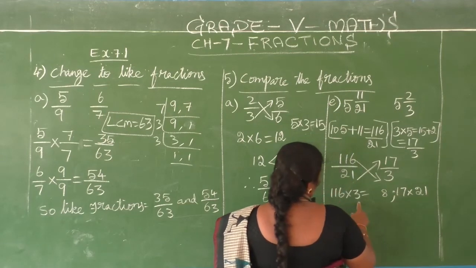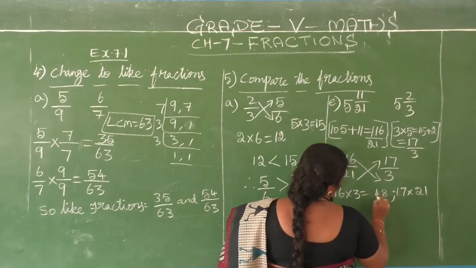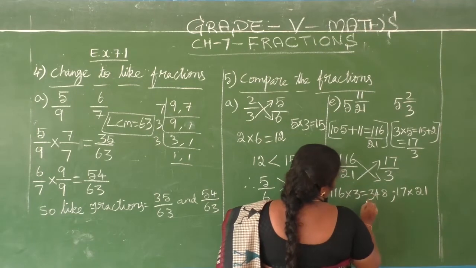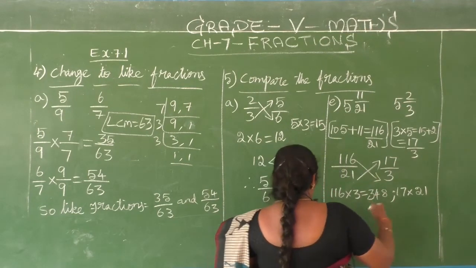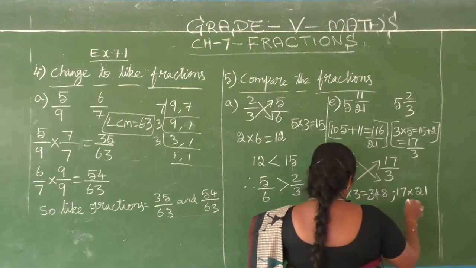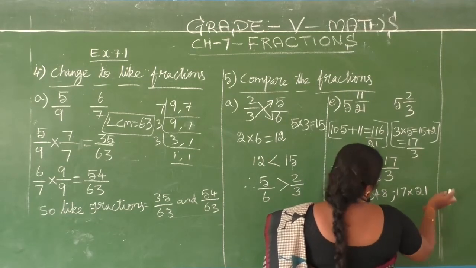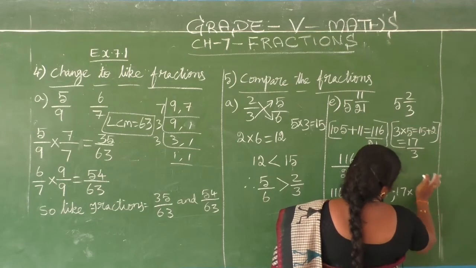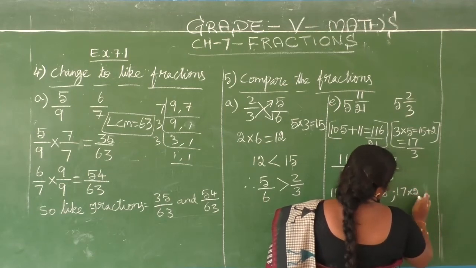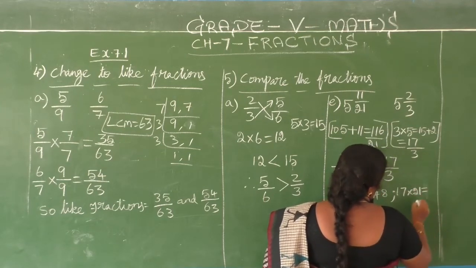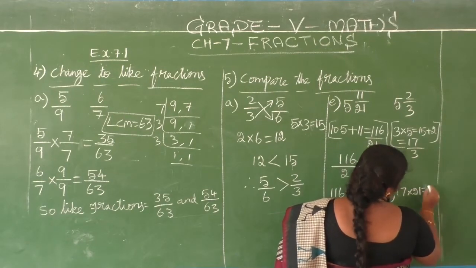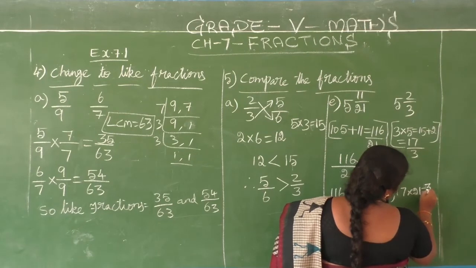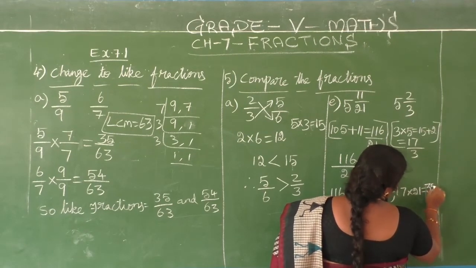Remaining, 1 3 is 3, 3 plus 1 is 4, 1 3 is 3. 348 on this side. And that side is a double digit multiplication. 17 into 21, what will come? 357.